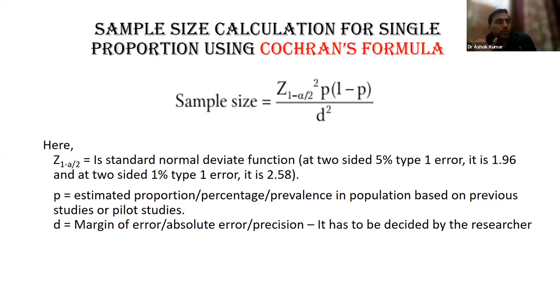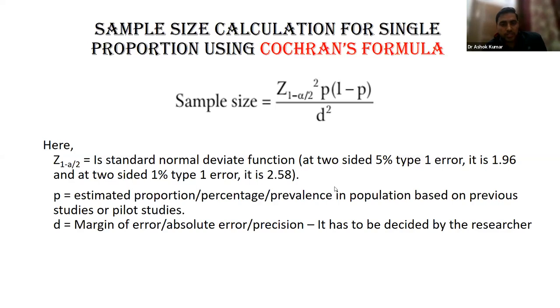It means there is only one group. And this formula is used only for descriptive and cross-sectional studies, mainly. And it is called Cochran's formula.